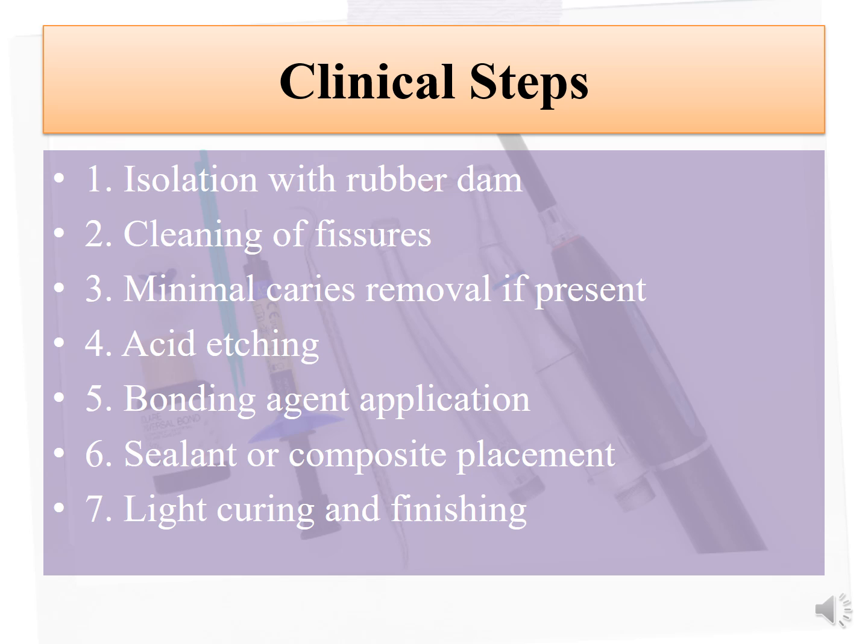And finally, step 7. The restoration is checked for occlusion, finished and polished. The end result is a smooth sealed surface that prevents food lodgement and bacterial activity. This concludes the clinical steps.